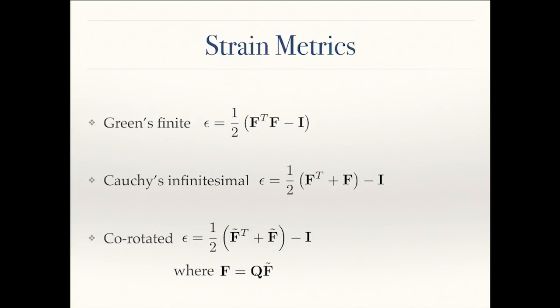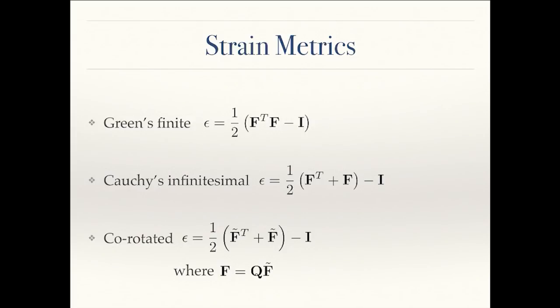The most popular strain metric in computer graphics in the modern day is this co-rotated strain. And you'll notice that it looks a lot like Cauchy strain, except that we're using this F tilde instead of F directly. And F tilde we get by taking the polar decomposition of F, so F equals QF. And what we've done there is we've explicitly factored out the rotations.